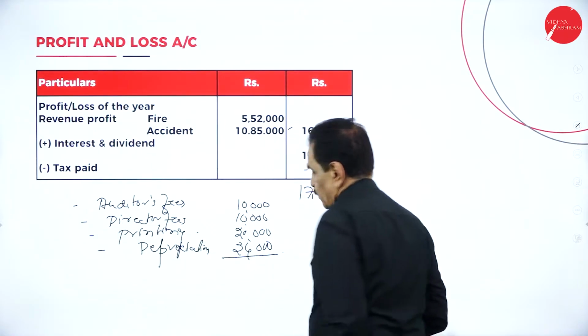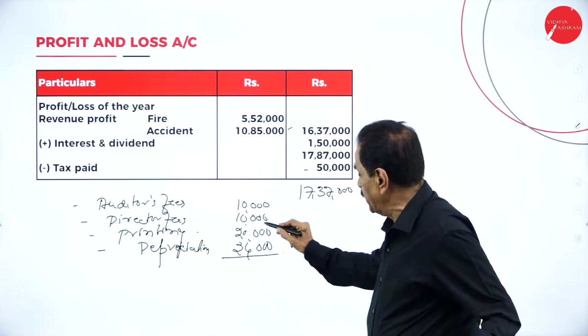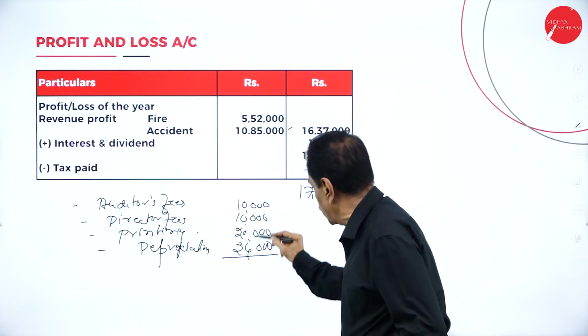Add these: 10 plus 10 is 20, plus 24 is 44, plus 20 is 64,000.